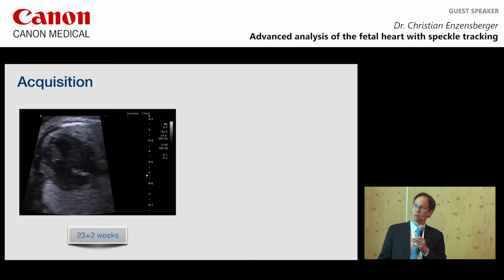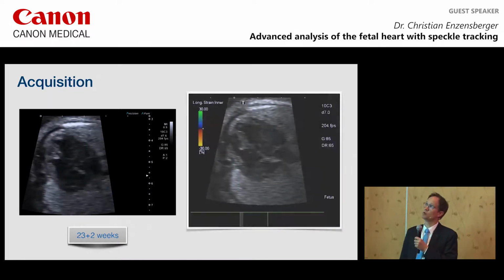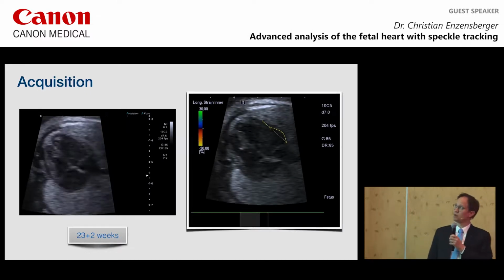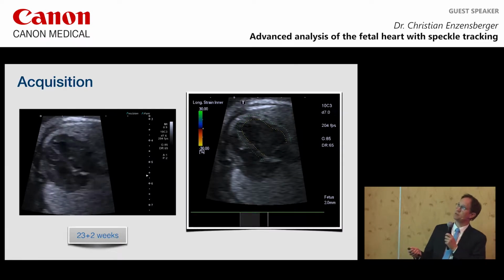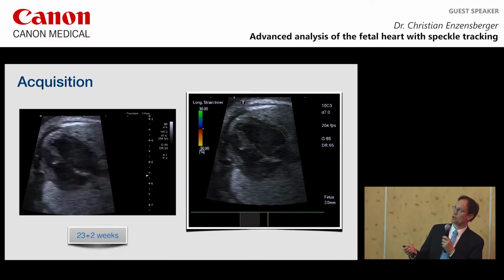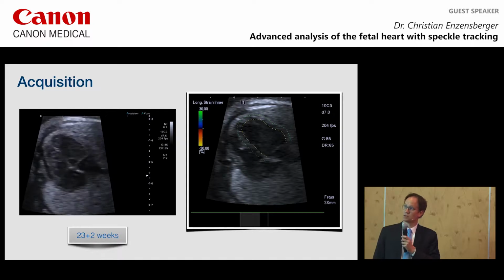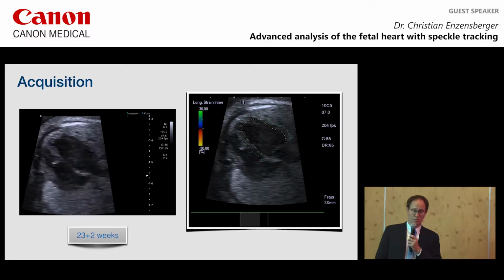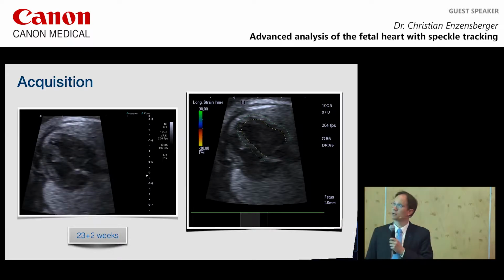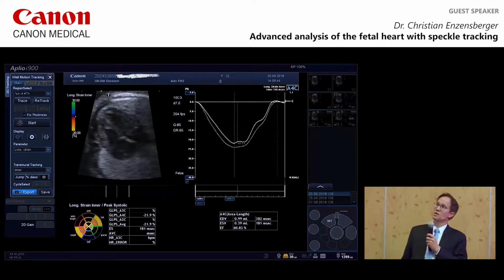As you can see here, it is cropped to one cardiac cycle, and then the next step, which takes maybe only half a minute, is that you trace the endocardial border so that you have the whole ventricle covered, and the system will then semi-automatically detect the myocardium, and at the end you get your quick results.